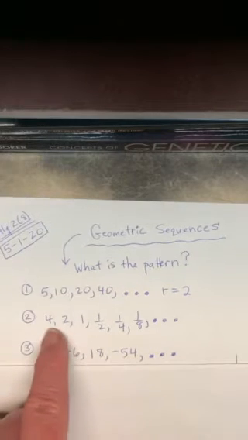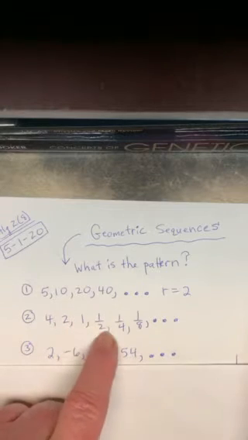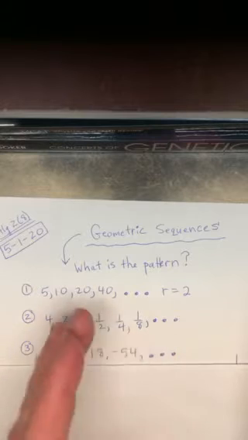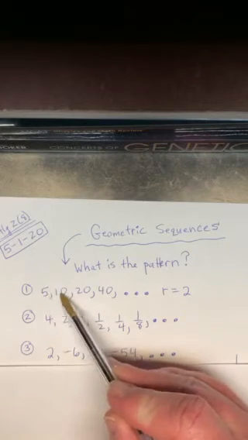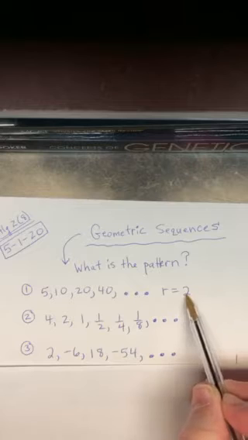Now look at problem number 2. Go ahead and write down the sequence 4, 2, 1, 1/2, 1/4, 1/8, and so on. I could go forever following this pattern. Now careful. The first one, the numbers were getting bigger and bigger, so we knew the ratio had to be some number bigger than 1, didn't it?